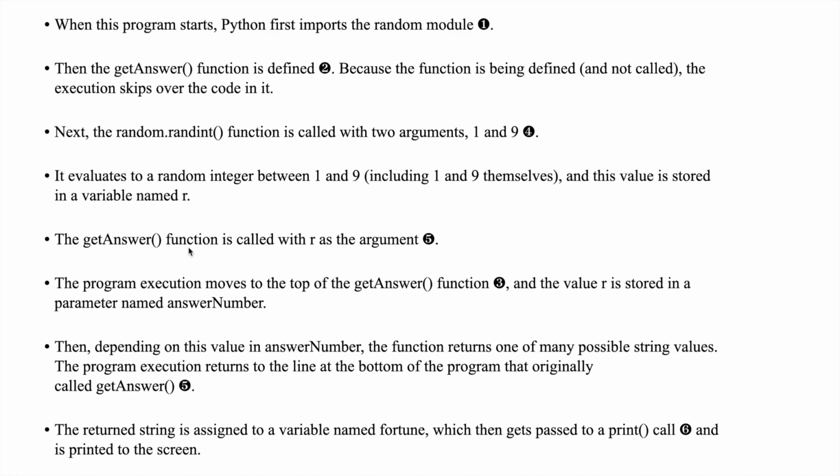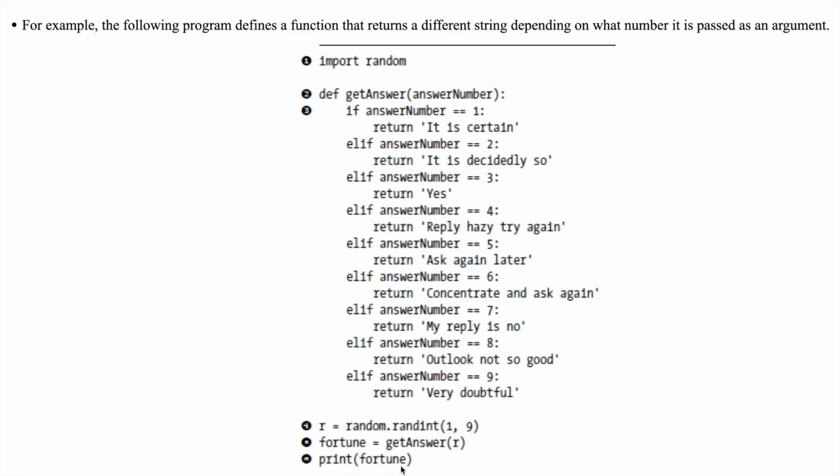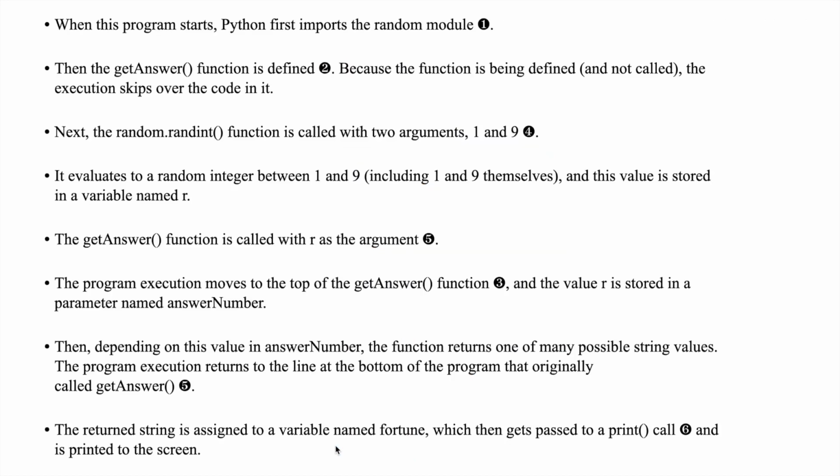Afterwards, the getAnswer function is called with r as an argument. You are going to call the getAnswer function you defined here with the argument r. So r will be a random value, and using that random value, you are going to call that function.